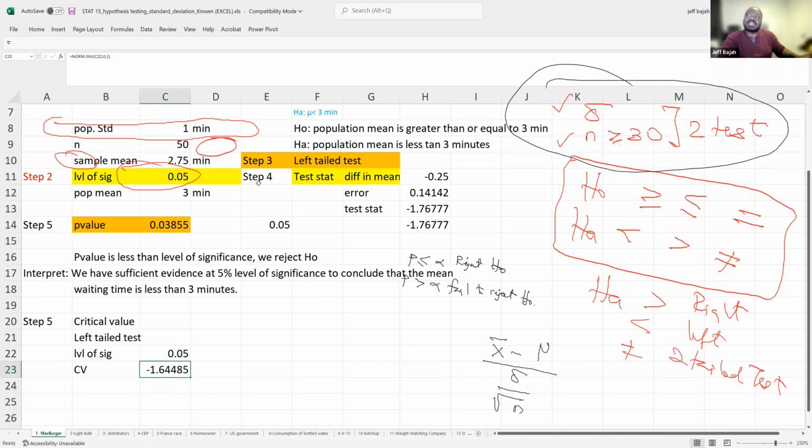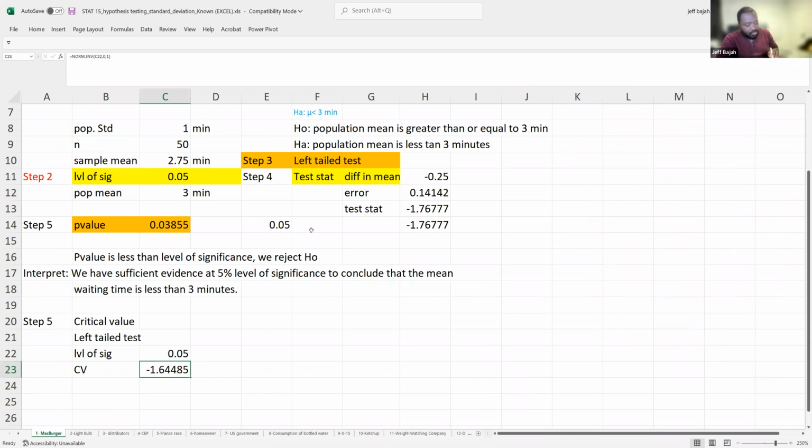Now, let me explain this test stat again so that it makes sense to you, because sometimes we get caught up being confused on what test stat is. All right. So if you want to understand how the test stat works, look at what this is. So in theory, the mean is going to be, for z value, 0.